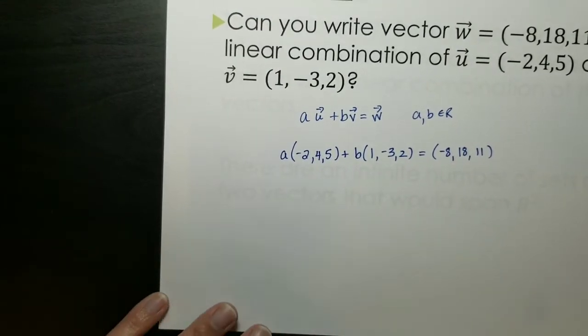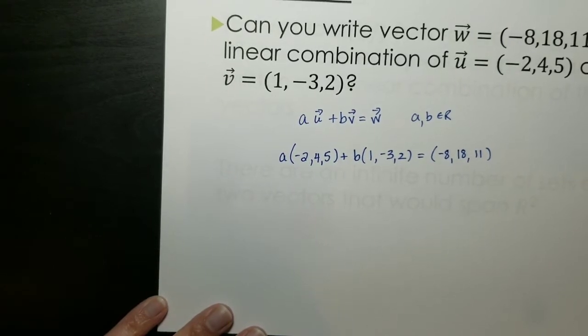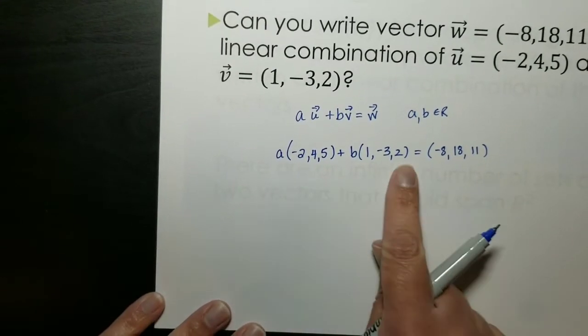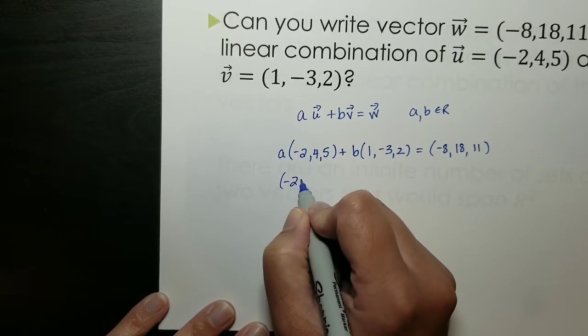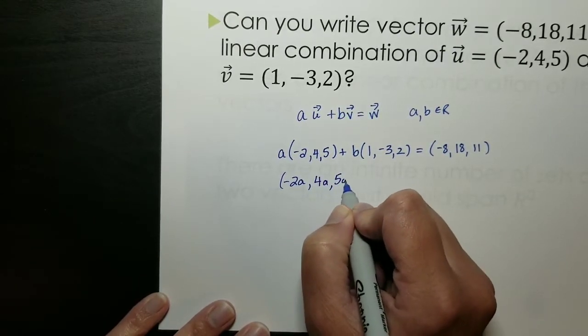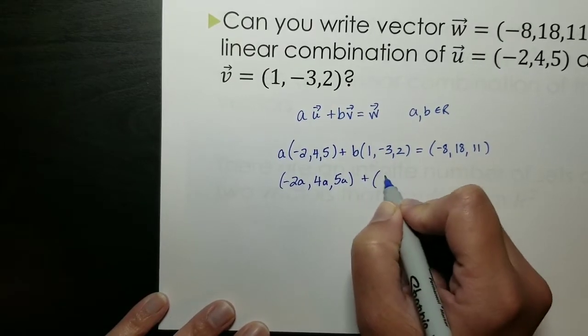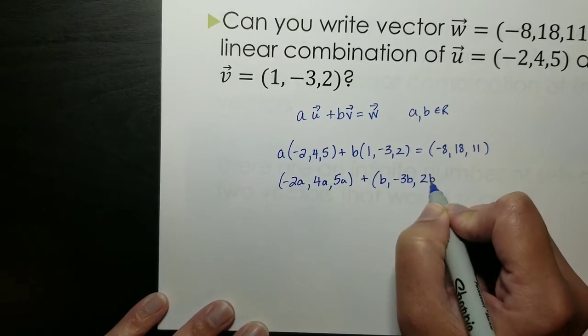What we really want to do is break apart the x, y, and z components of these equations. If I simplified this, I would have -2a, 4a, and 5a, and then I would have b, -3b, and 2b.